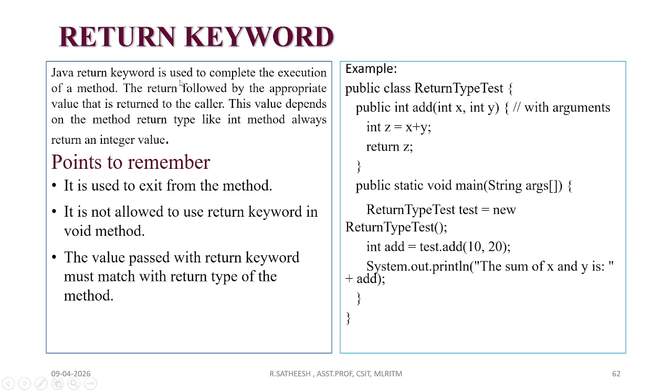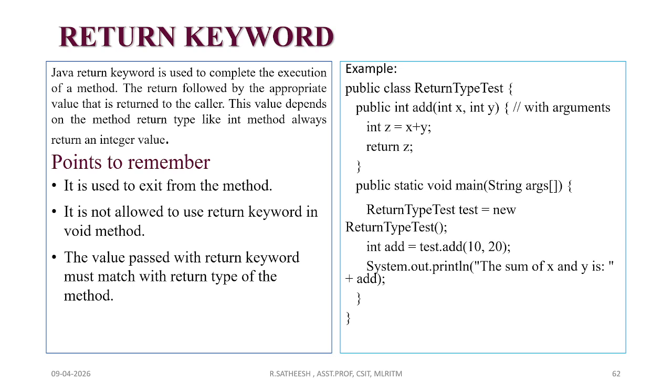The return keyword is used to complete the execution of the method, followed by the appropriate value that is returned to the caller. This value depends on the method's return type. An int method always returns an integer, a float method always returns a float.